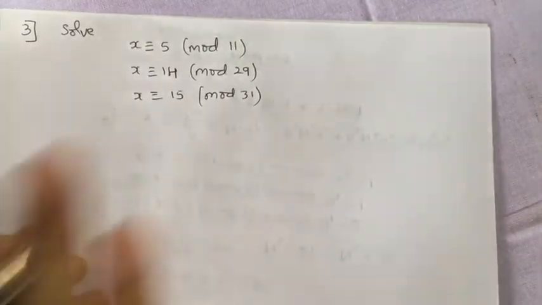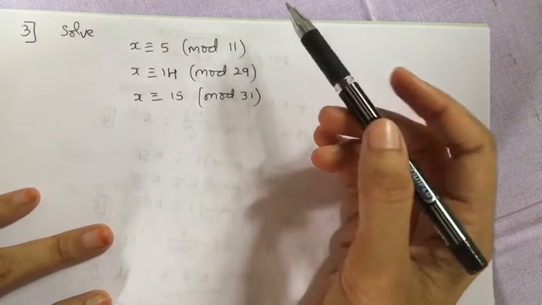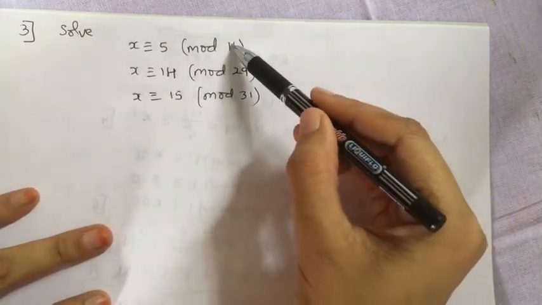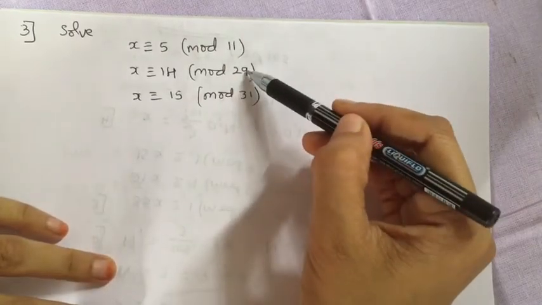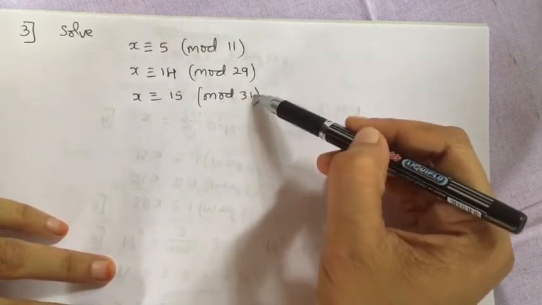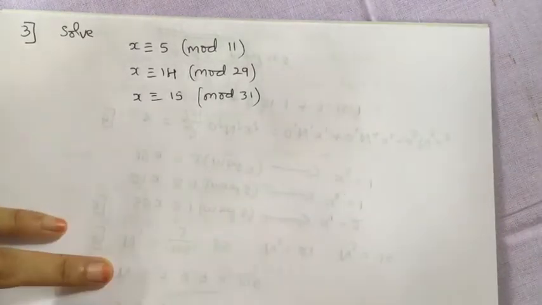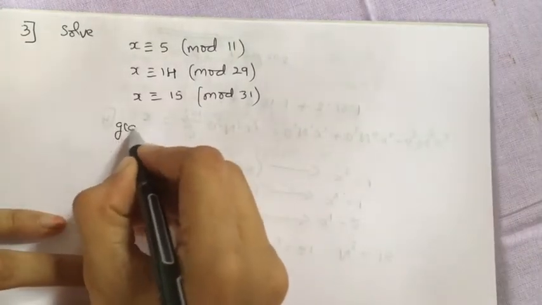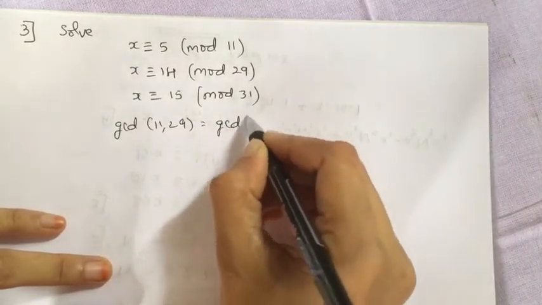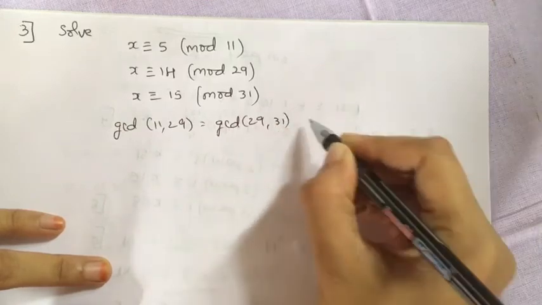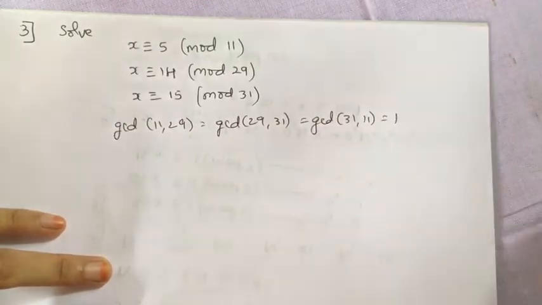First thing, when such a system is given, you have to check the GCDs. GCD of n1 and n2. Here these two are relatively prime, and these are also relatively prime. That you need to check. So GCD of 11 and 29, GCD of 29 and 31, which is the same as GCD of 31 and 11, they are relatively prime.